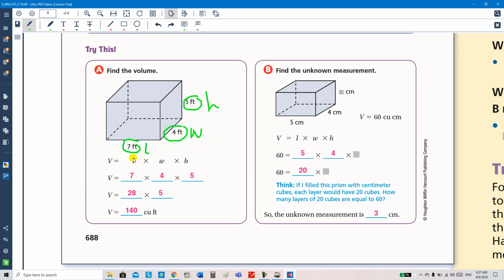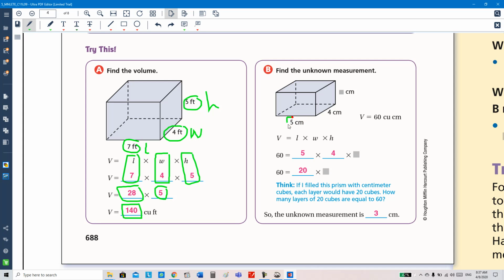After that, length equals 7, width equals 4, and height of course equal 5. Multiply them together. 7 multiplied by 4 equal 28. 28 by 5 equal 140 cubic feet.